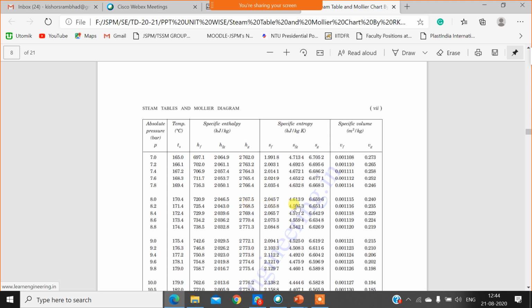We do not require entropy in this case, but for work done we require the specific volume column. vf is 0.001115 and vg is 0.240.